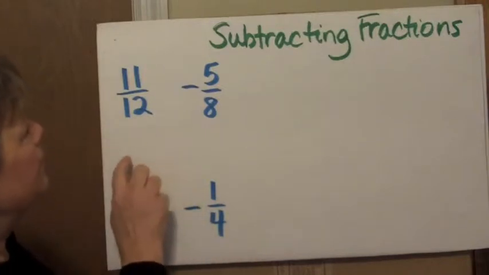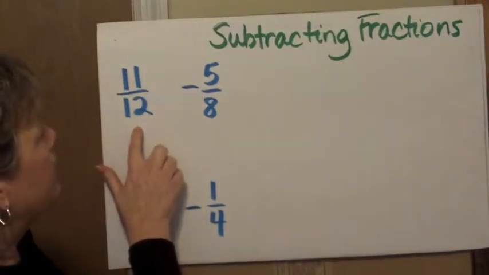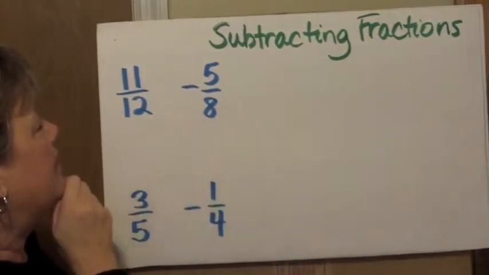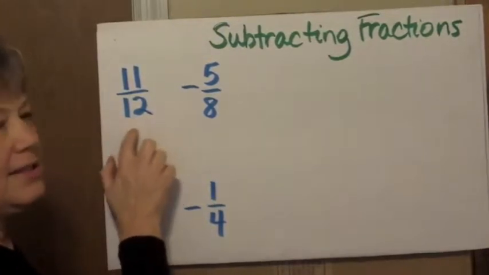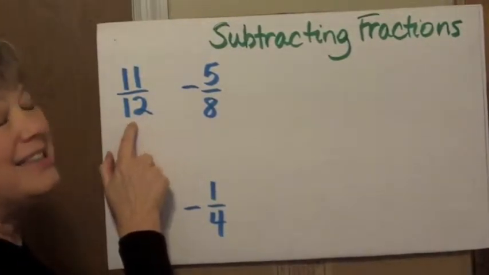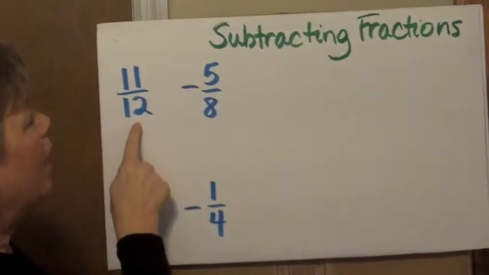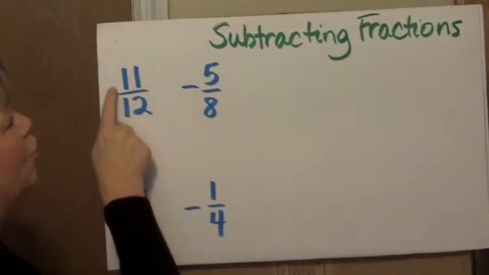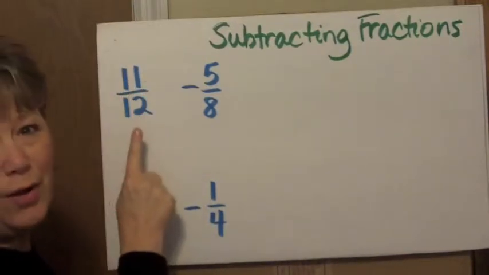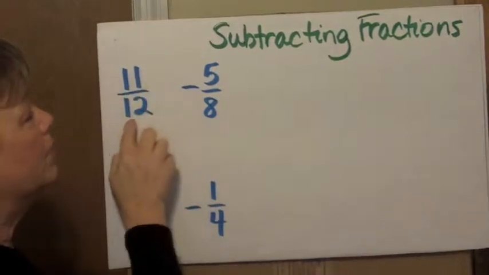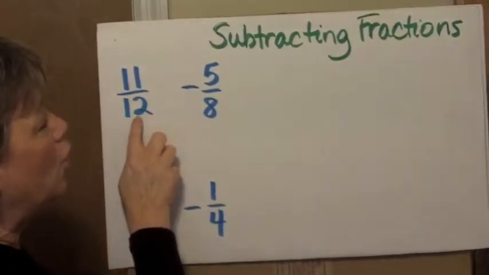So the first problem says 11 twelfths take away 5 eighths. I know that 6 twelfths would be 1/2. So I know right away that this is greater than 1/2, and it really is only 1/12 from being a whole. So this is almost a whole.